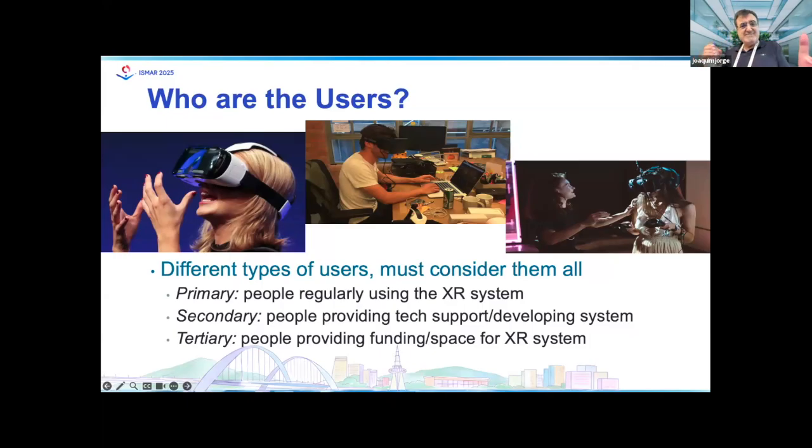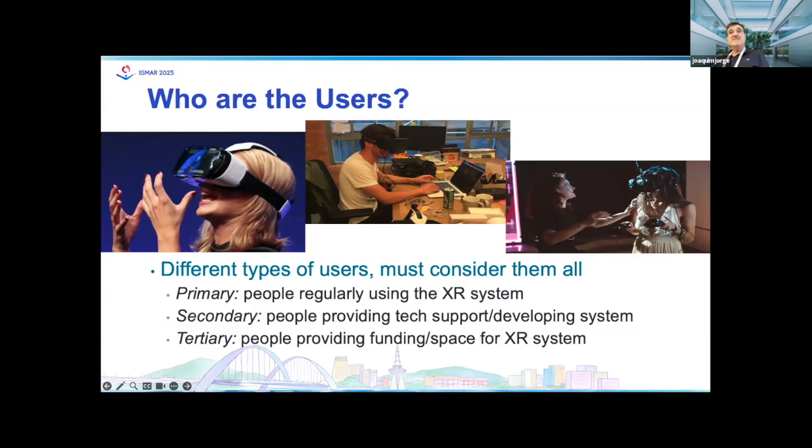There are at least these three that we mentioned here. Primary people who are regularly going to use our smartphone application, Meta glasses, Varjo, or Samsung equipment. These are usually the primary people who will be using it. The secondary are people providing tech support or developing the system.